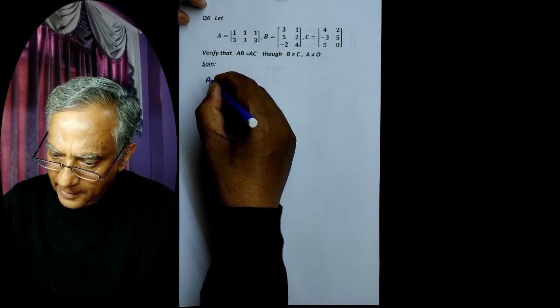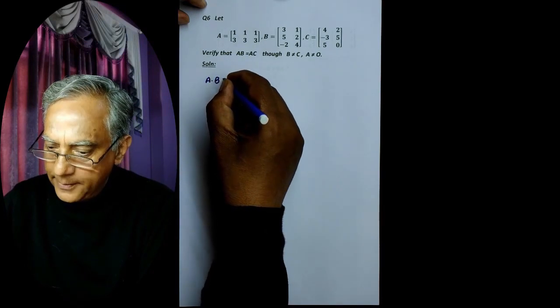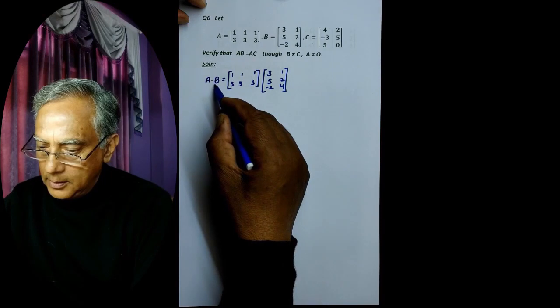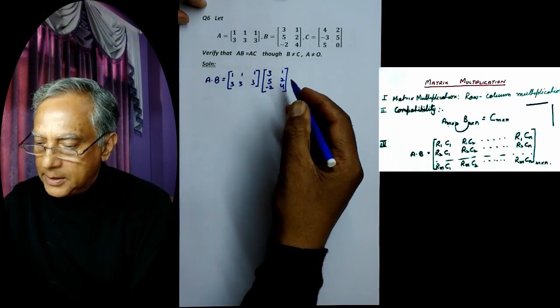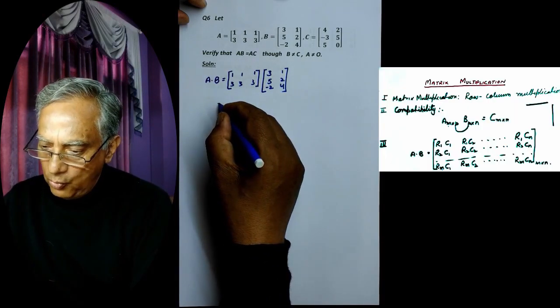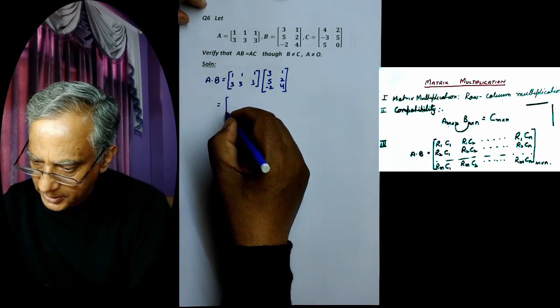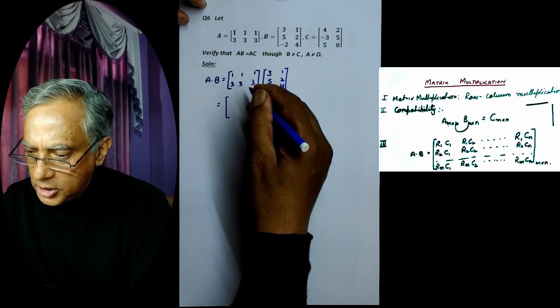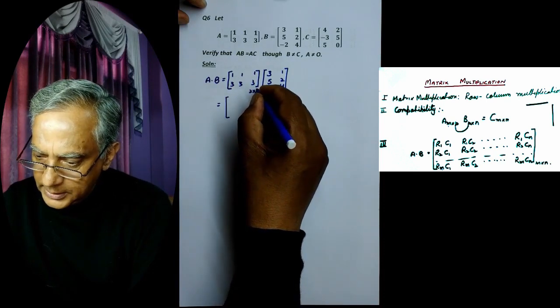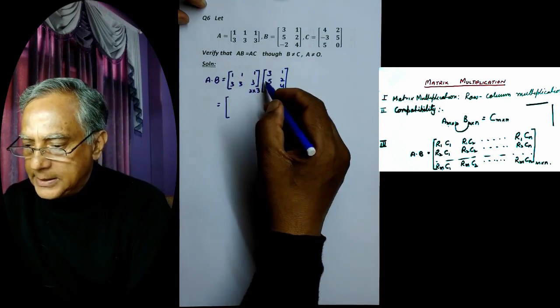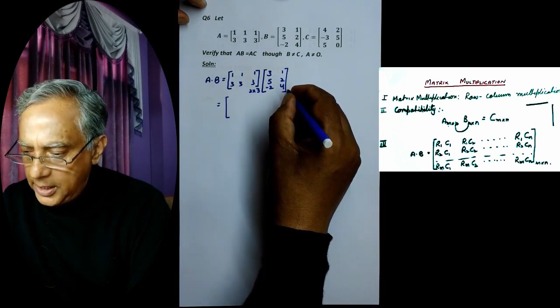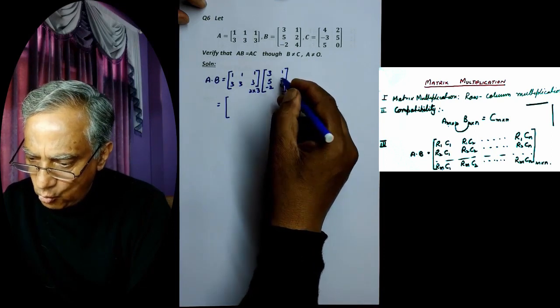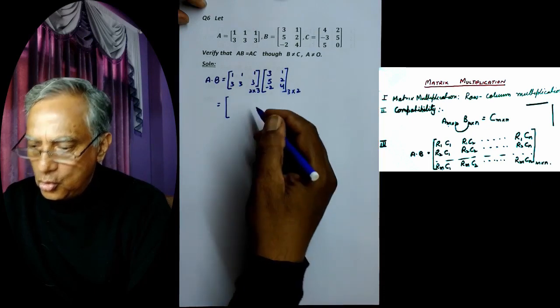Now A into B is equal to, now A is equal to this and B is equal to this much. We carry out the multiplication. This is 2 cross 3 and this is 3 cross 2. This is a 2 cross 3 matrix. This has 3 rows and 2 columns.